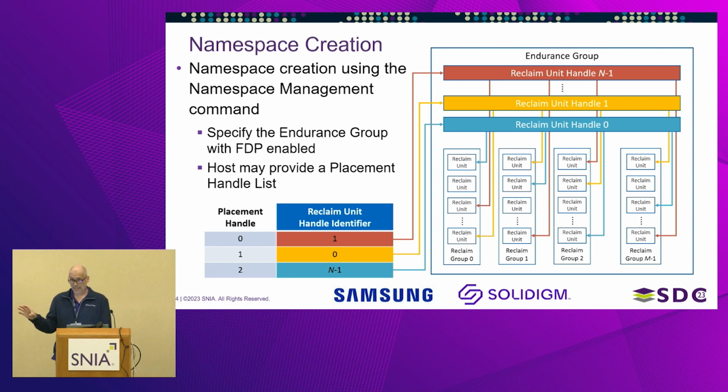So the drive will have reclaim unit handle identifiers that it specifies in a log page. But the host system, if they want to, can provide a table which says, you gave me these reclaim unit handle identifiers, here's the value I would like to use for those. You can use it that way by specifying your own handles, or you can use the controller defined handles. Either way is an option that the host system can decide however they want to do that.